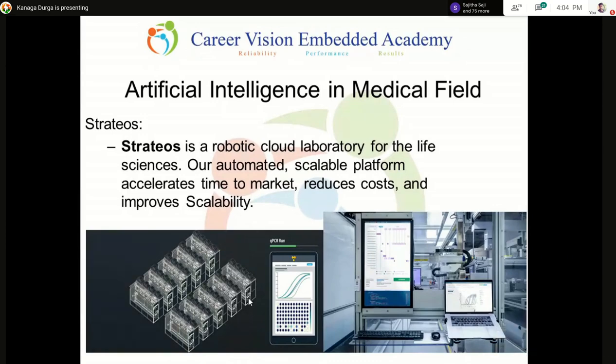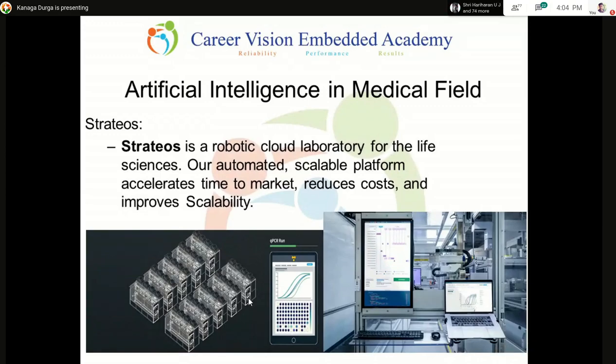So what can be said as advantages in this field is that this Stratius is entirely automated, and it will avoid any error that comes in the form of human beings who test the samples.